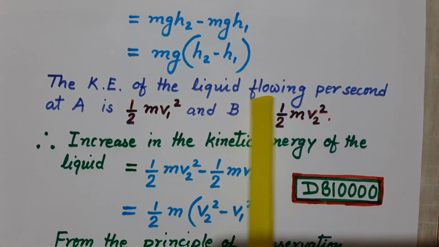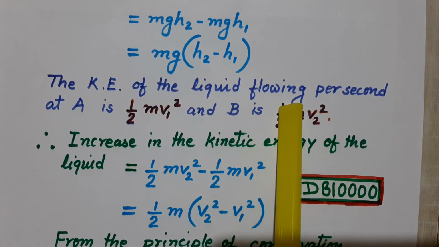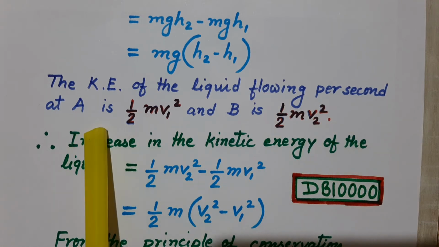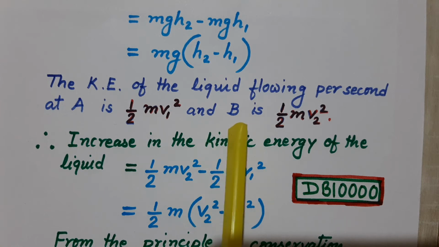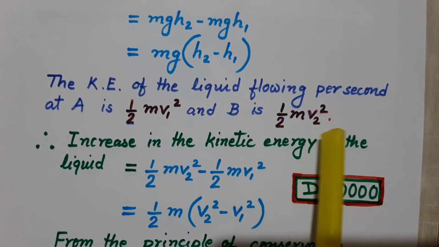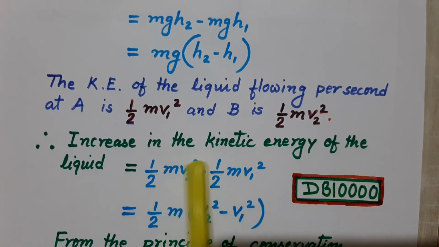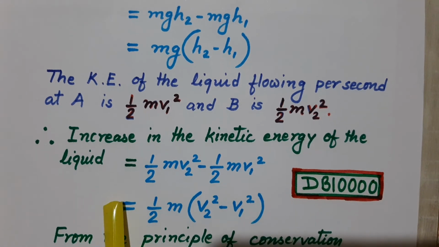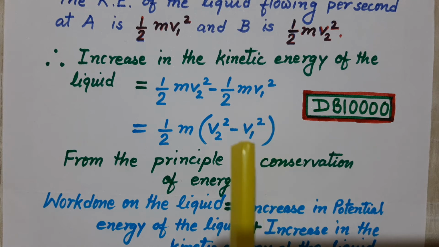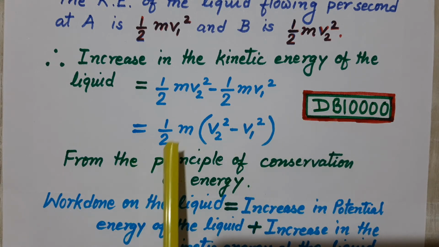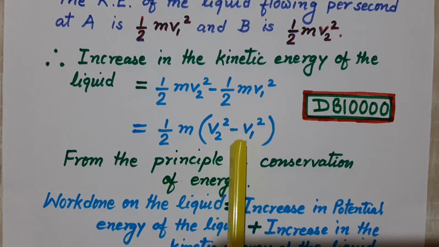Now kinetic energy of the liquid flowing per second at A is half mv1 square and at B half mv2 square. Now increase in the kinetic energy of the liquid is half mv2 square minus half mv1 square. That is equal to half m into v2 square minus v1 square.